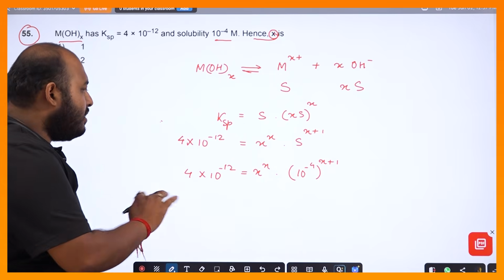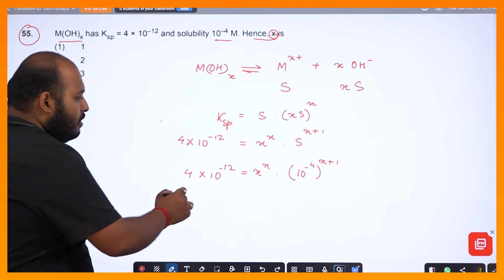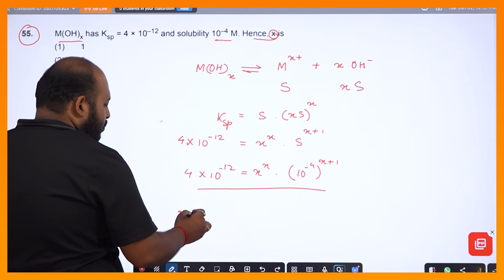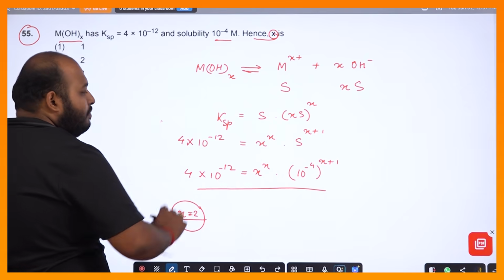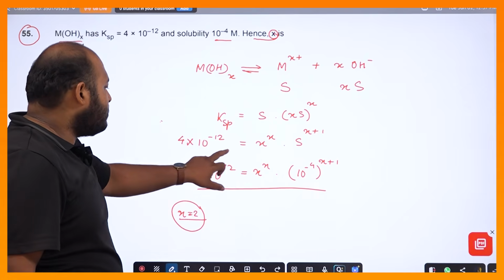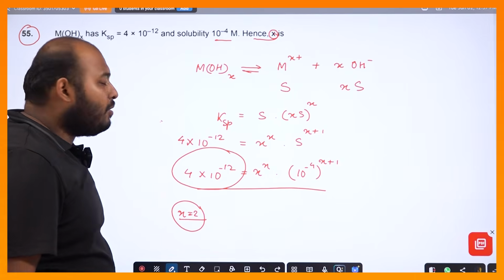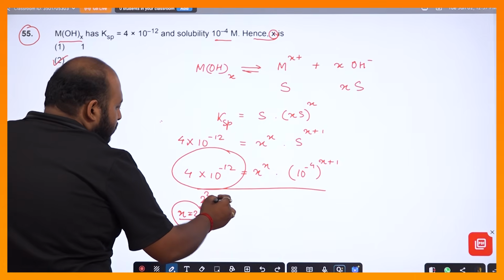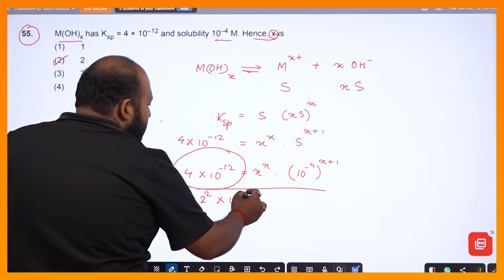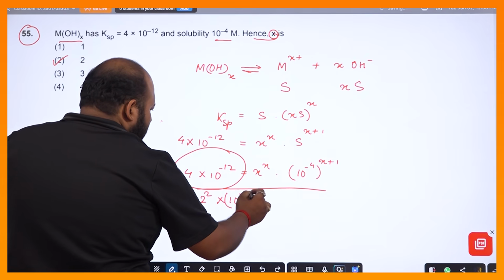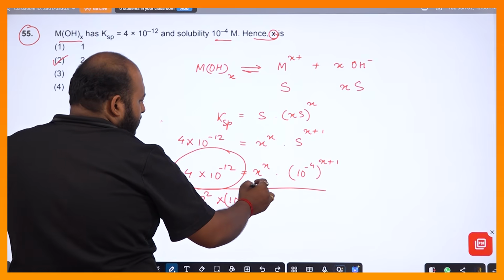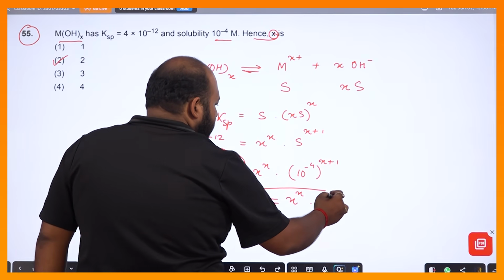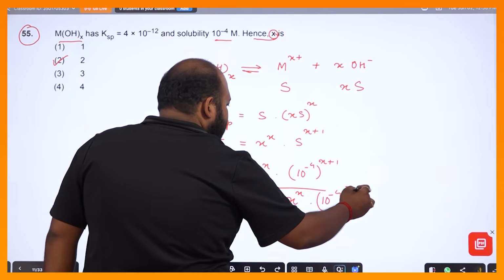So if we compare these two parts, if we put the value of x equals 2 and put the values, we will get this value. The correct option will be 2, because 2 square, 2 into 10 to the power minus 4 to the power 3 equals x to the power x, 10 to the power minus 4 to the power x plus 1.